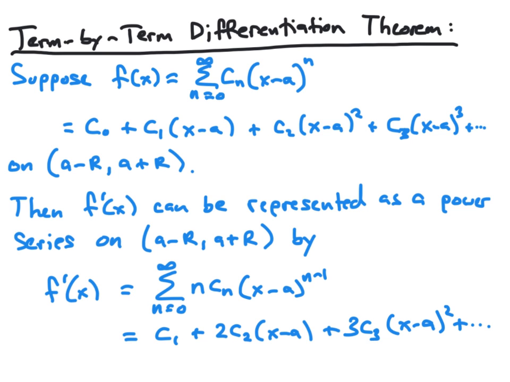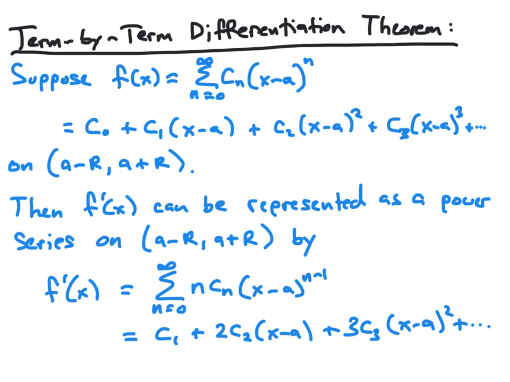Suppose that we have a function f of x, which has a power series representation centered at a of the form the sum from n equals 0 to infinity of c sub n times x minus a to the n. Also assume that this power series representation converges on the interval from a minus r to a plus r. This is just another way of saying that the radius of convergence for this power series is r.